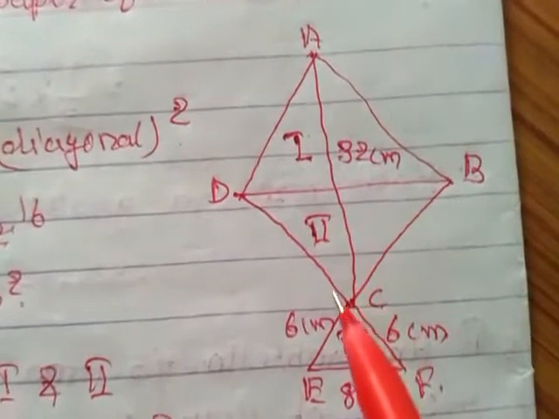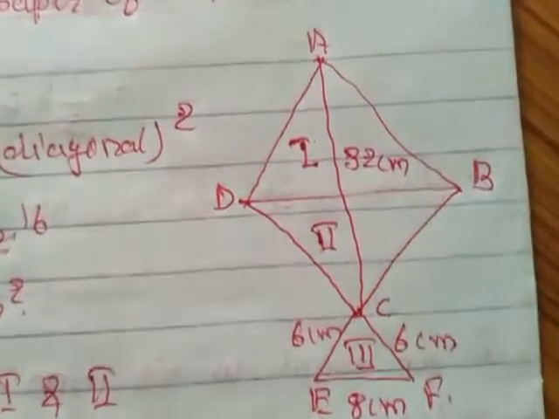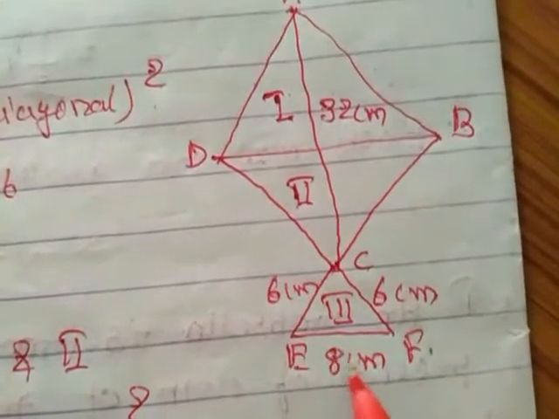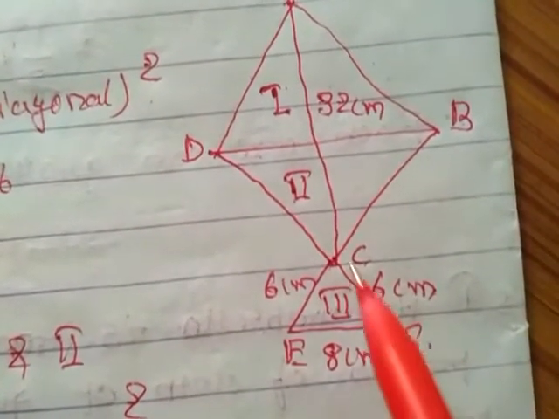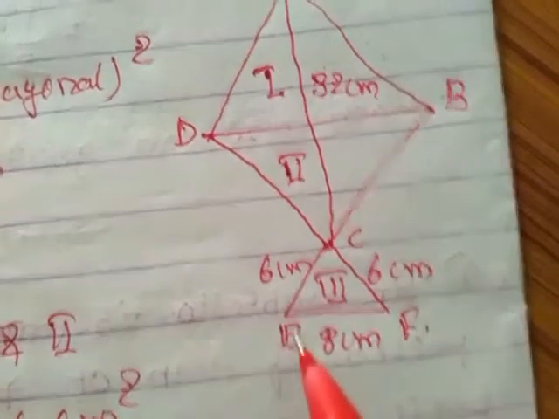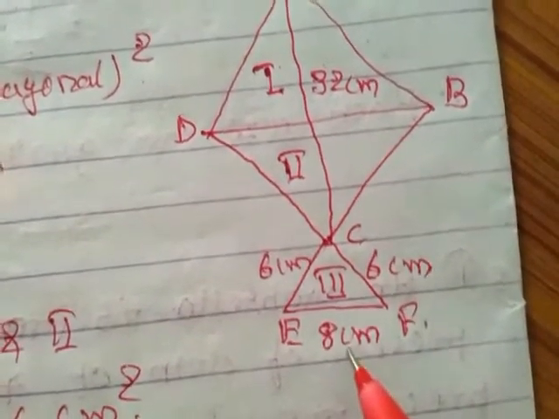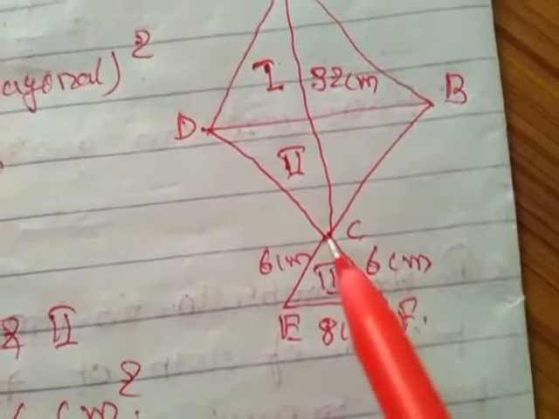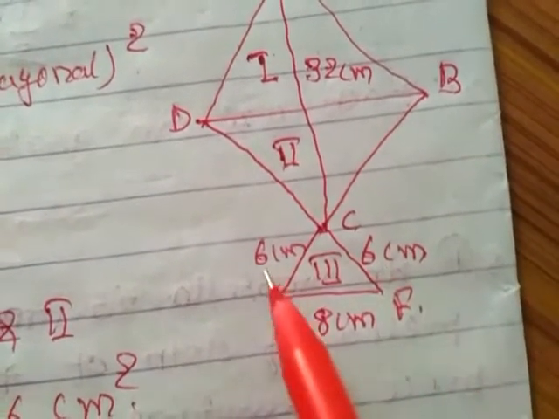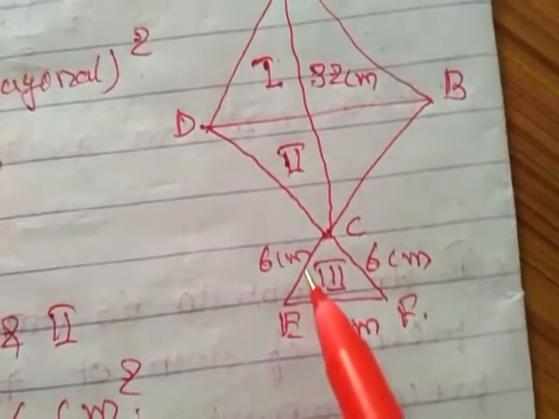Suppose this is a shape of a kite which includes a square ABCD having its diagonal 32 centimeter, and there is an isosceles triangle, that is CEF, whose base is 8 centimeter and their two equal sides are 6 centimeter each.